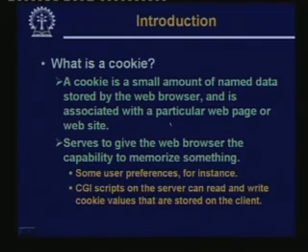So, continuing with the definition, a cookie basically provides the web browser the capability to memorize something. Since cookies are data which we are storing in the browser itself, this means that the browser can use these cookies for the purpose of memorizing something.